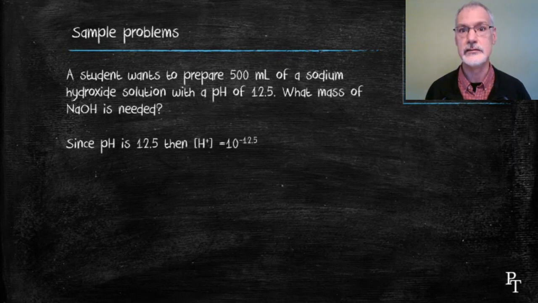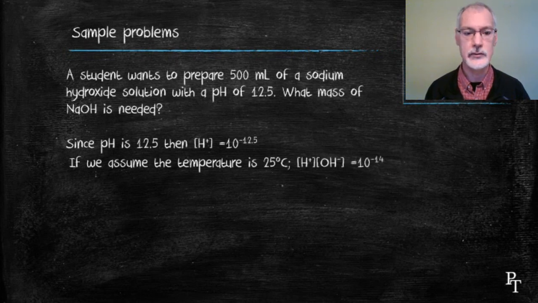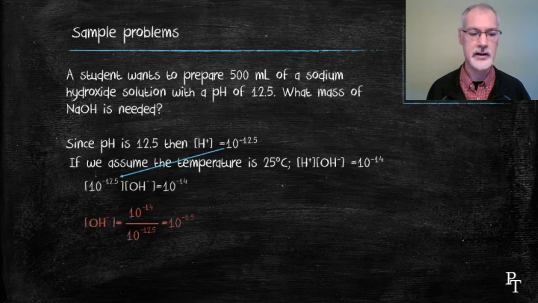It's 10 to the negative 12.5. Knowing that this solution is in water, I then apply the ionization constant for water, knowing that the product of the two ions is 10 to the minus 14, so I can substitute in for one of them, and thereby solve for the concentration of the base particle, 10 to the minus 1.5.